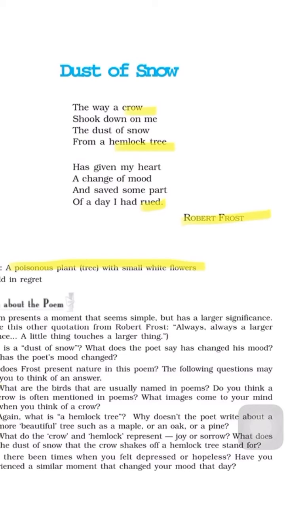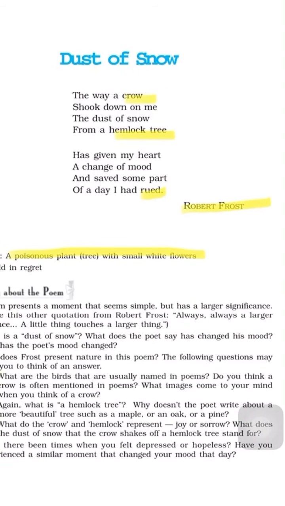Has given my heart a change of mood and saved some part of a day I had rued. Now what the poet says, that he might not be having a good day, or something bad had happened. He was in a remorseful mood, he was not in a delighted one, his mood was not good enough.